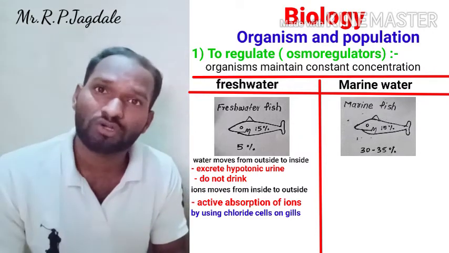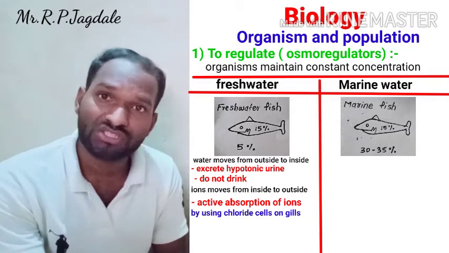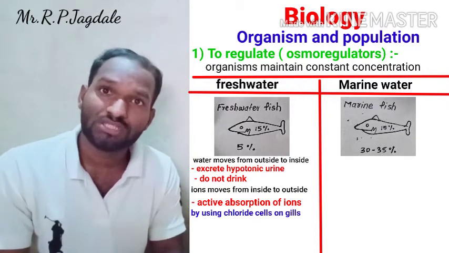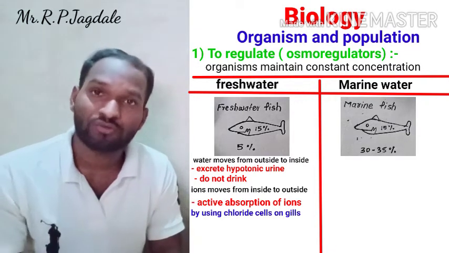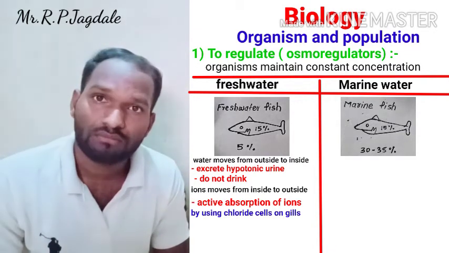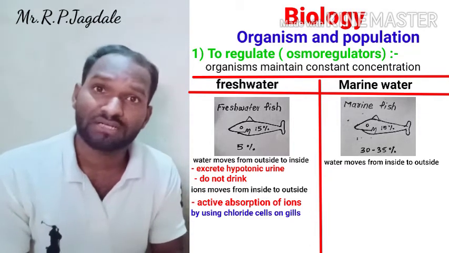In the case of sea water, water moves from inside the body of the fish to the outside, because the water content is more in the fish than in the outer condition. So water moves from inside to outside.